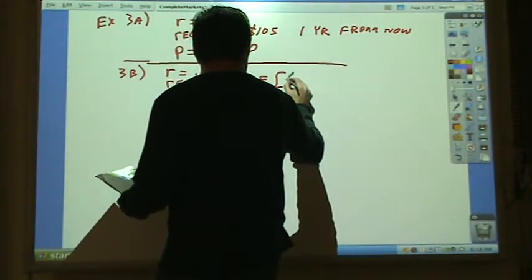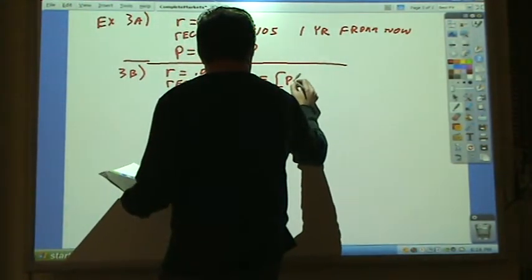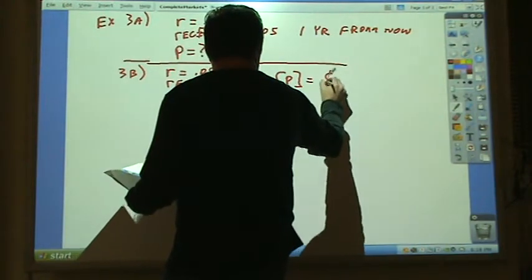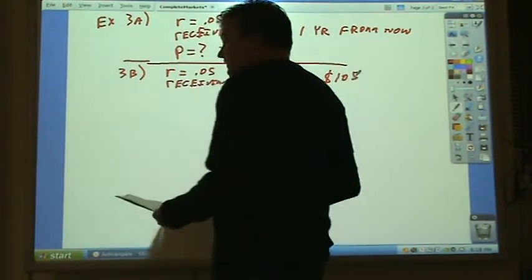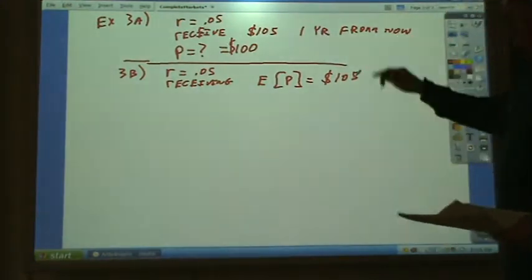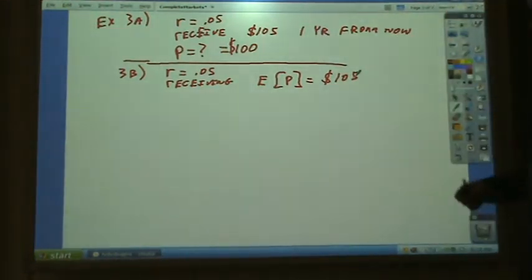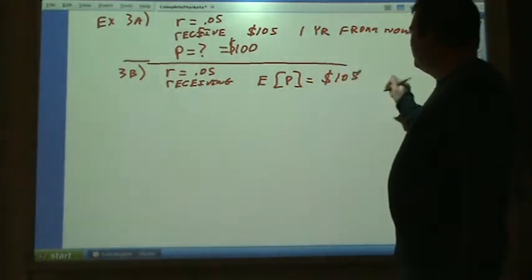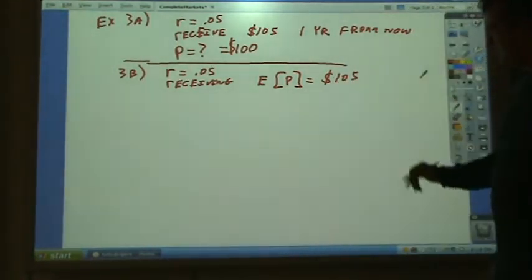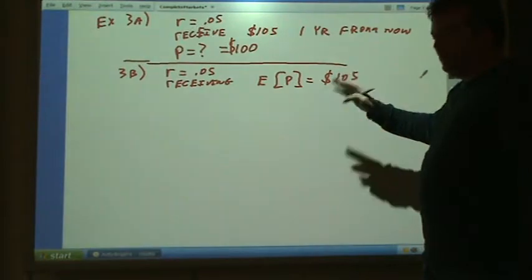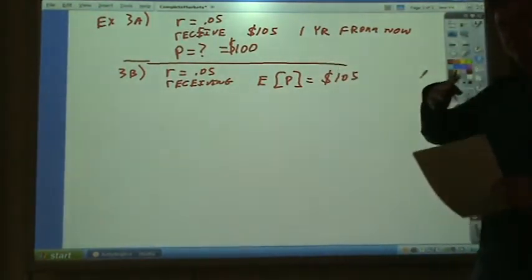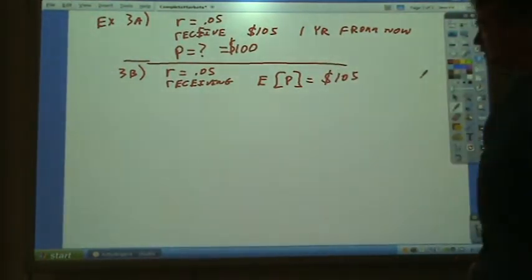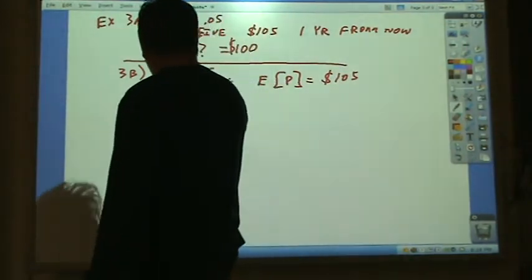The expected value of the payout would be 105. Not necessarily going to be 105. In the first case, it's going to be exactly 105. You put the money in the bank, you'll get 105. It's guaranteed. Now you're investing in something that may pay more than 105, less than 105, but the expected value is 105. What would the price for that be?